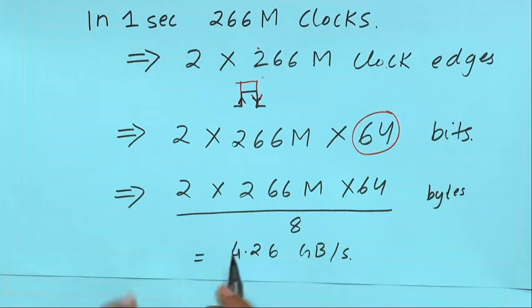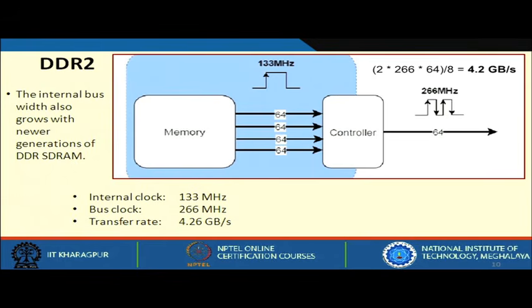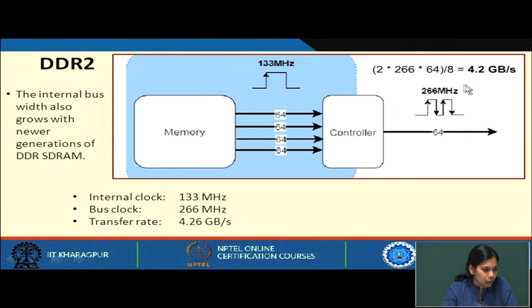So, the transfer rate comes down to 4.26 gigabytes per second in case of DDR2.